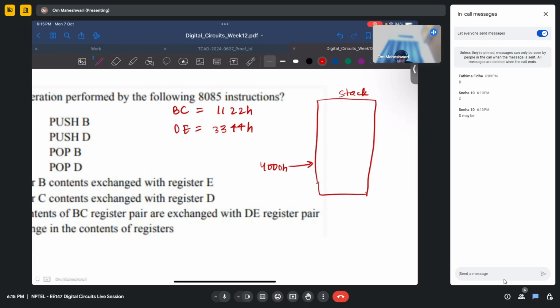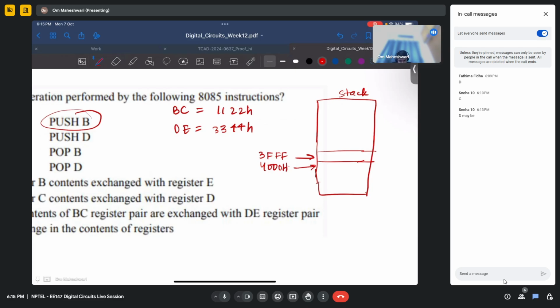Once you do push B, it will decrement first and go to 3FFF.